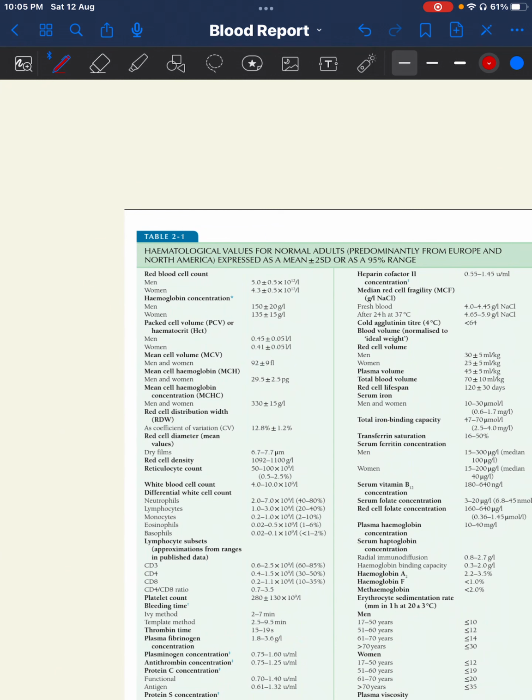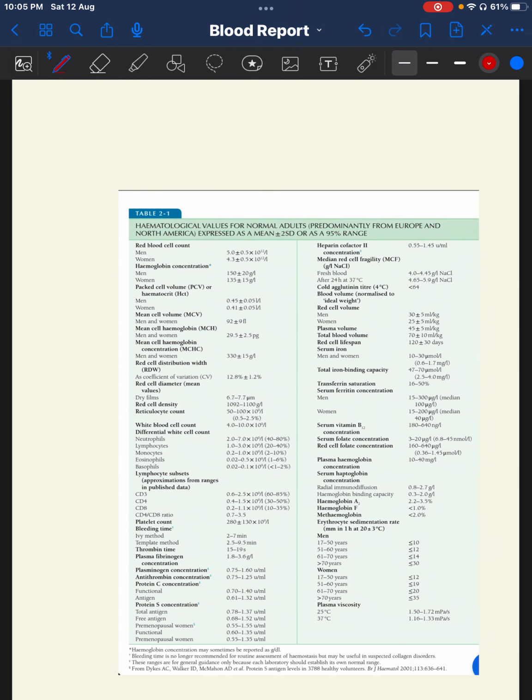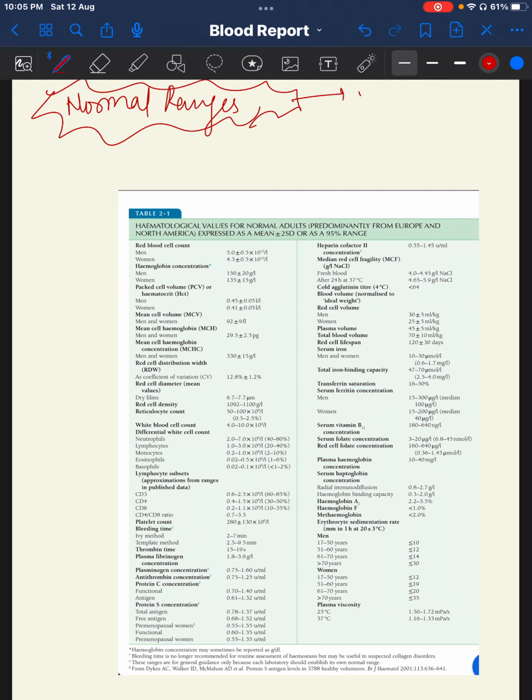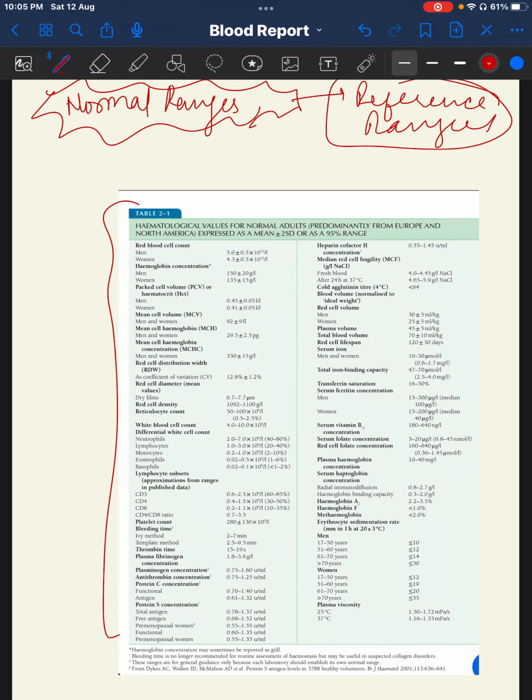Next thing, I told you that every lab has its own normal ranges or reference ranges. But there is a standard protocol. We always have the standard.